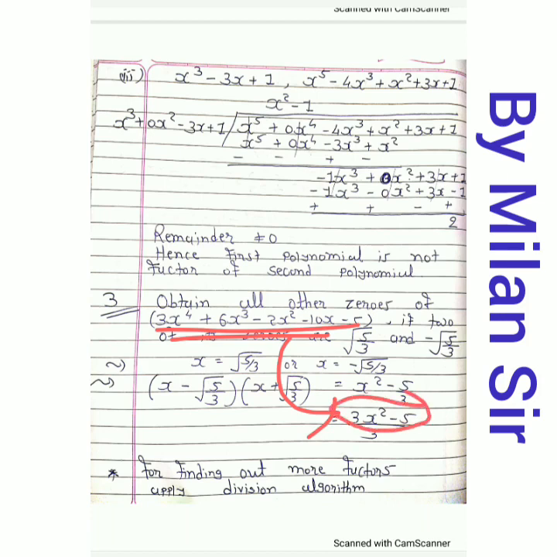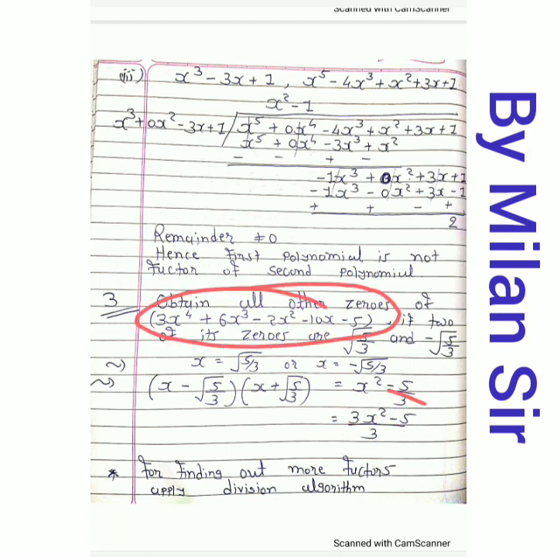I am not dividing p of x by 3 right now. That part I will explain after the division process, why I am not taking 3 in the division process. Okay, so right now just divide this polynomial p of x by 3x square minus 5.